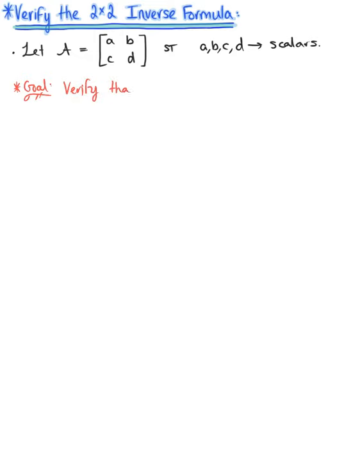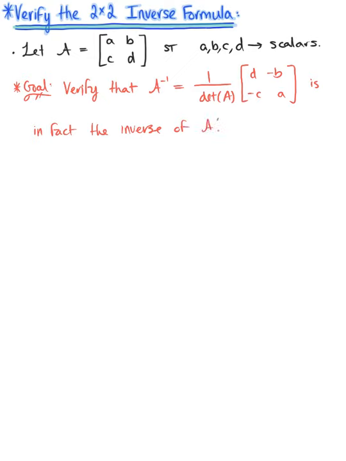We want to verify that the inverse of matrix A, equal to 1 over the determinant of the original matrix A multiplied by the 2 by 2 matrix D, minus B, minus C, A, is in fact the inverse of matrix A.